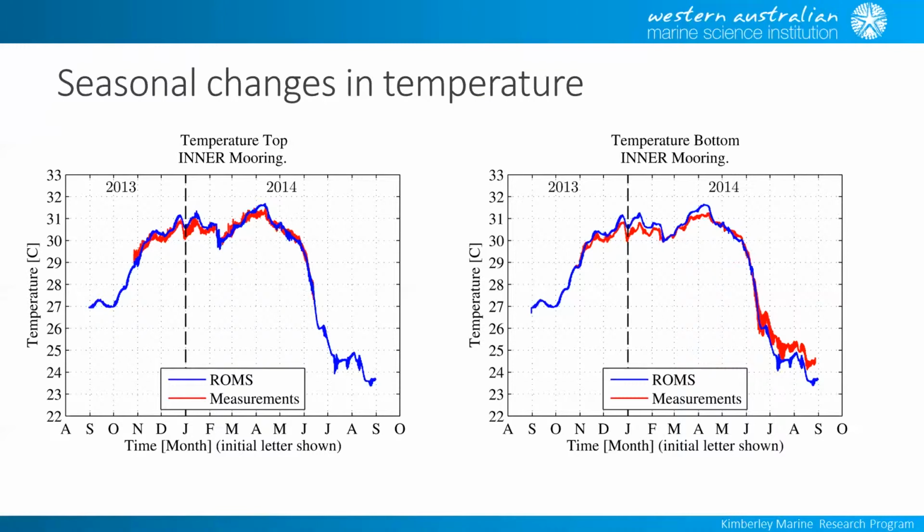Inner mooring refers to the innermost bay mooring, the one closest to shore in this particular example. Again, over the season there is, from both model and measurement, considerable variation in water temperatures. At both the bottom and the top they get extremely high, well in excess of 30 degrees, cooling to around 25 in the winter.